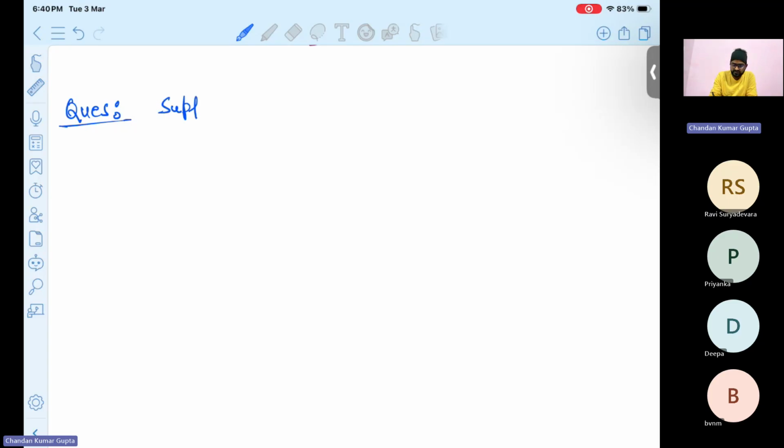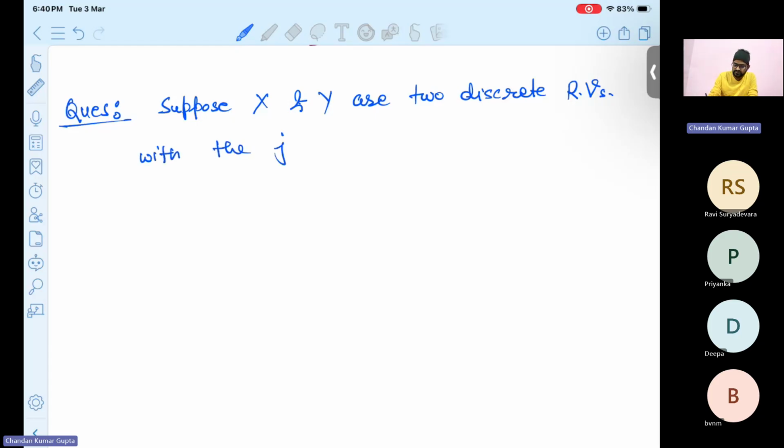Suppose x and y are two discrete random variables with the joint PMF, the joint probability mass function.